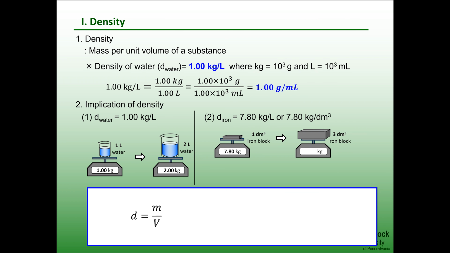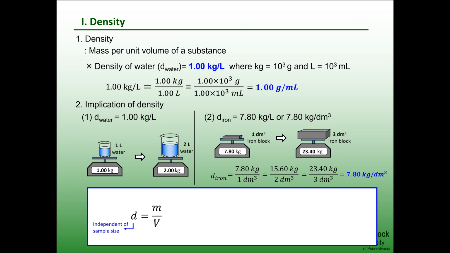Since the volume of the iron block is tripled, the mass should also be tripled, which is 23.40 kilograms. Even though the mass changes with the size of the block, the density of iron stays constant at 7.80 kilograms per cubic decimeter. Density is therefore independent of sample size, meaning it stays the same no matter how much substance you have.